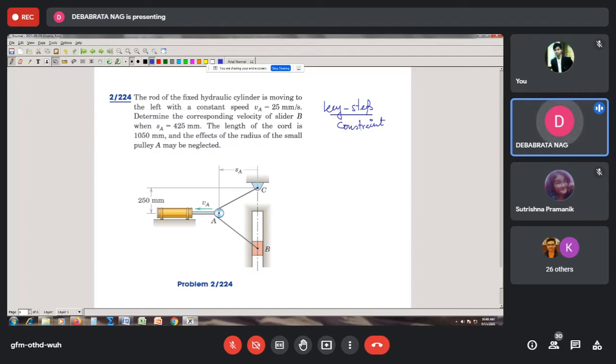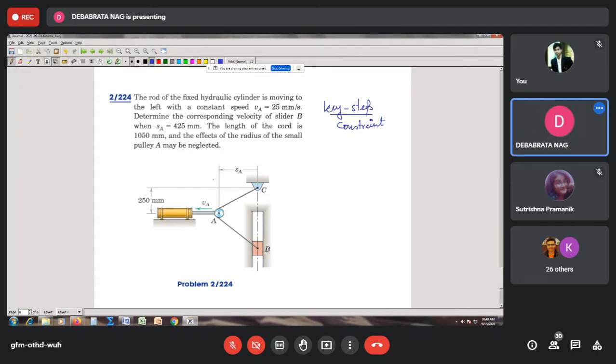Here, the rod of the fixed hydraulic cylinder is moving to the left with a constant speed VA, that is 25 millimeter per second.